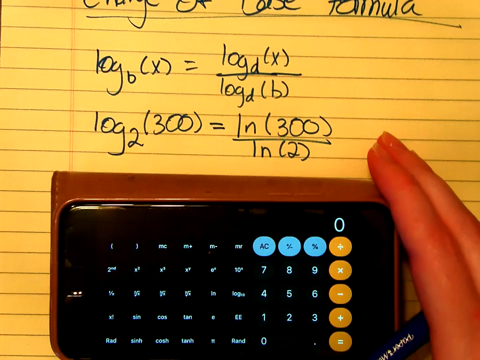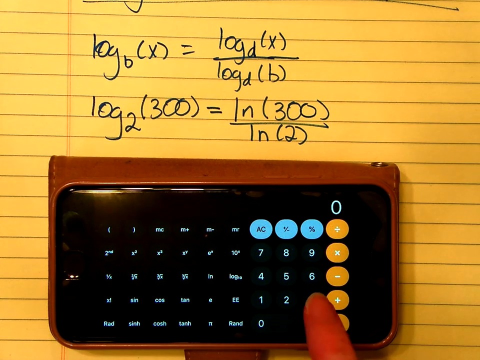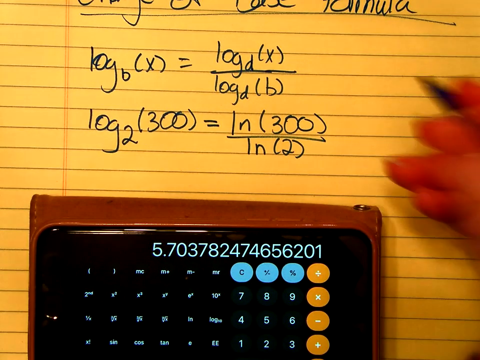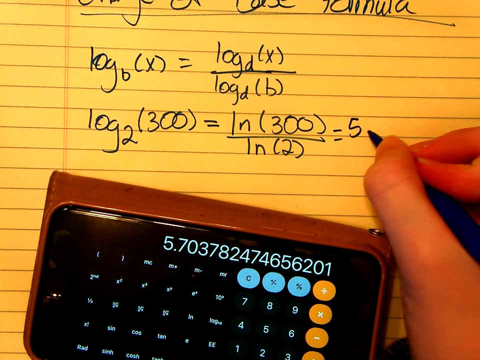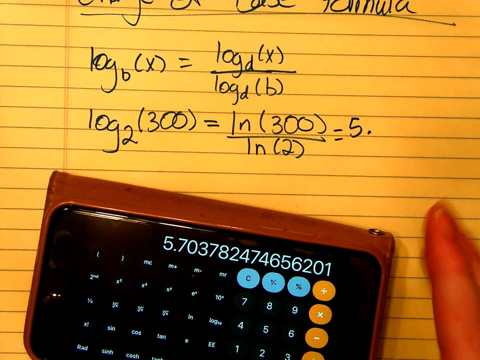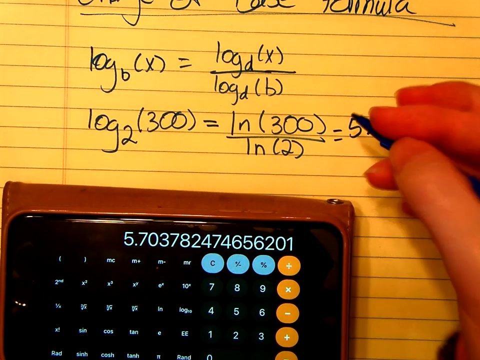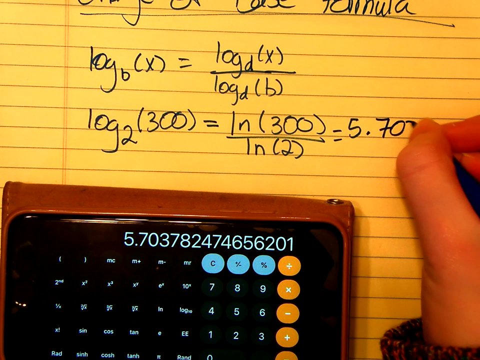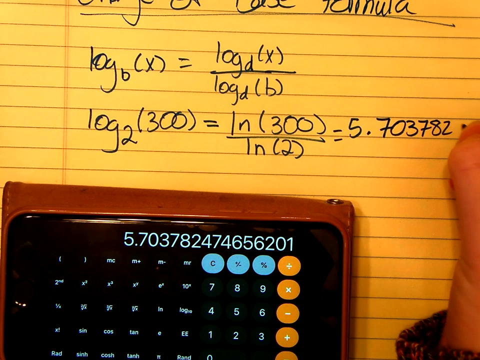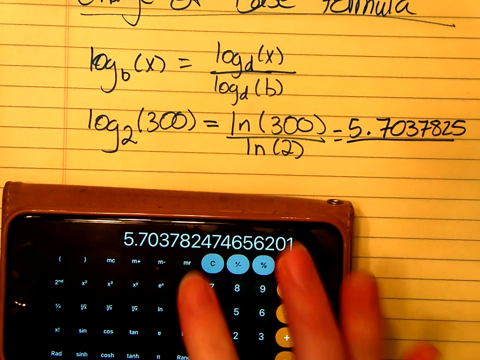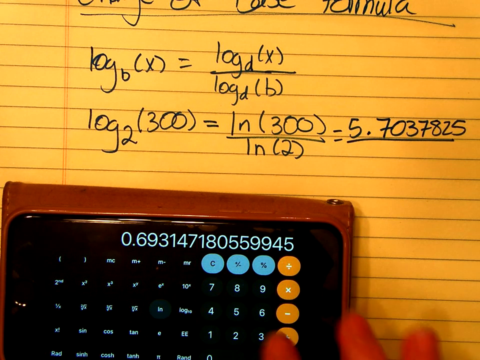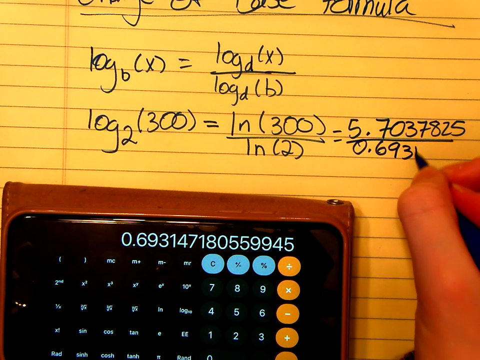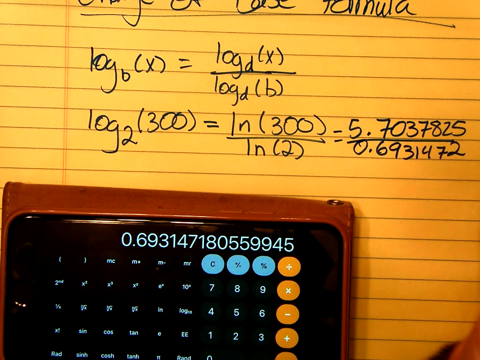So let's say on our calculator we're going to go ahead and plug in 300 natural log gives me, and you're going to want to write it out to probably about 6 or 7 decimal places just to make sure that you're being as precise as possible. 5.7037825 divided by natural log of 2 is 0.693142.